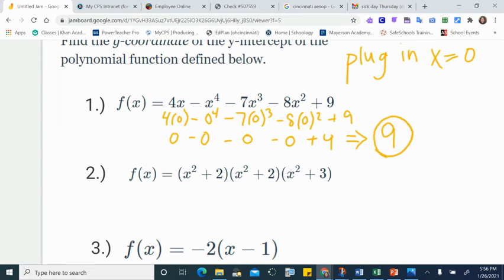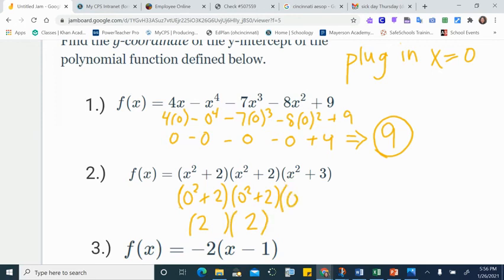Okay, let's do another example. Number 2, same idea. Plug in x equals 0 and see what happens. Okay, so 0 squared plus 2, that's 2. 0 squared plus 2, oh, that's 2 again. And we've got these parentheses, so they're telling us to multiply, not add this time.